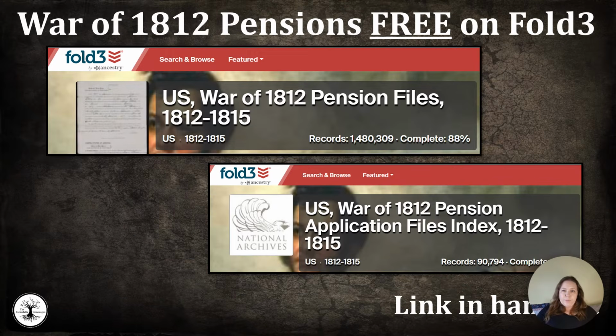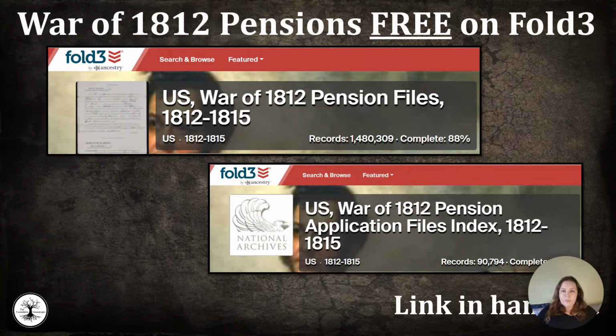The National Archives partnered with Fold3.com, which is owned by Ancestry, to digitize War of 1812 pension files. So they often hold information like exact birth dates or marriage dates in a time where vital records just were not recorded elsewhere. The full pension files are only 88% complete.